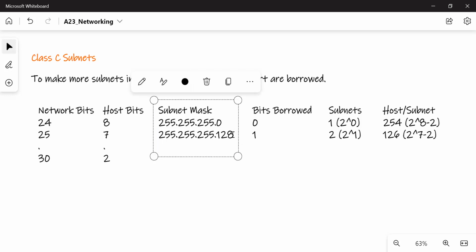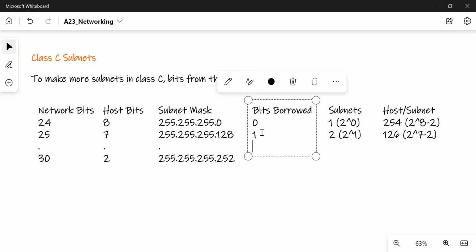So when you have this, our subnet mask becomes 255.255.255.252, and the number of bits borrowed now becomes 6.